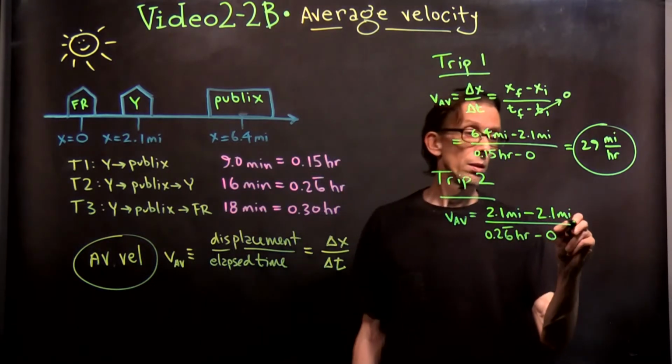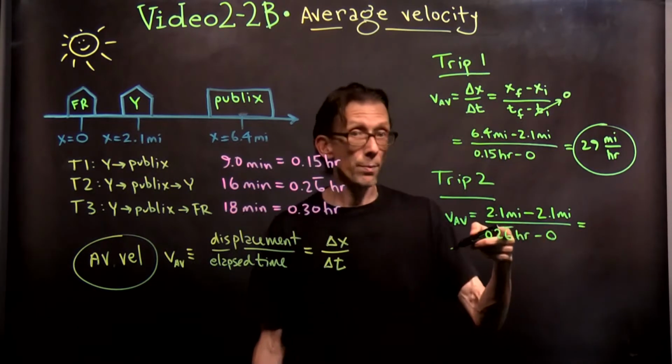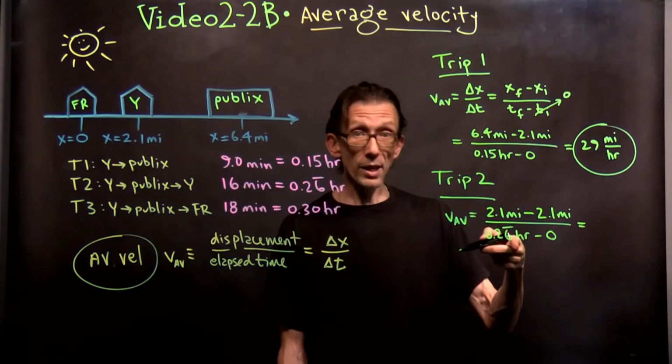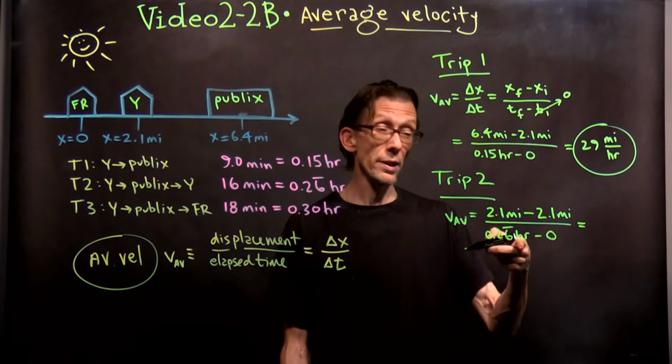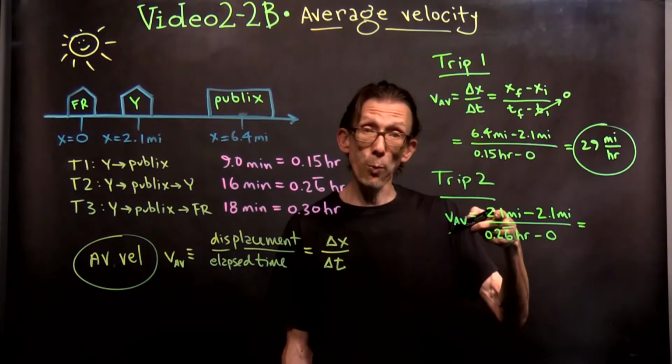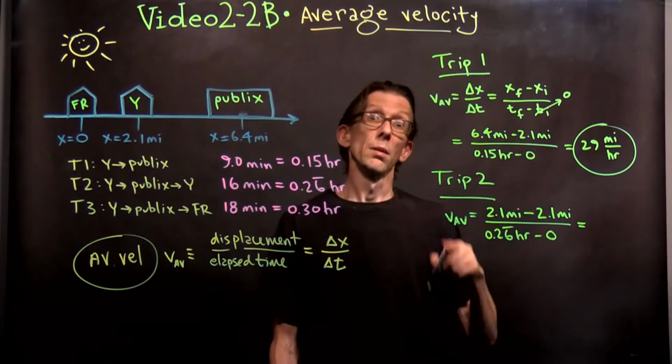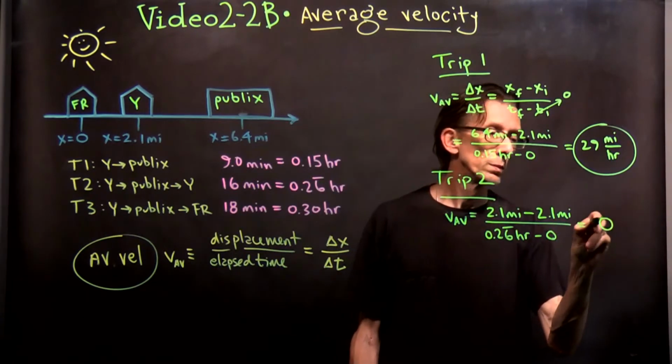So what we get here, it doesn't matter what's in the bottom. Doesn't matter if there's a millisecond in the bottom or a million years in the bottom, because we've got 2.1 minus 2.1 in the numerator, which means we get 0.